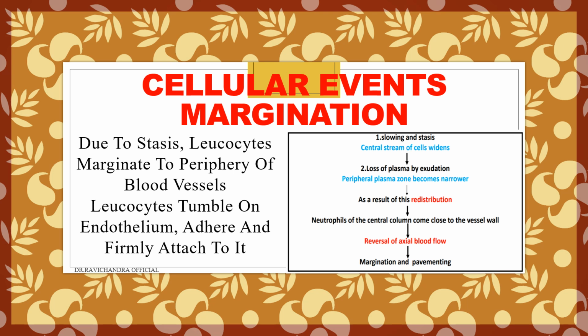With slowing and stasis, the central stream of cells widens, and with loss of plasma by exudation, the peripheral plasma zone becomes narrower. As a result of this redistribution, neutrophils in the center column come close to the vessel wall, and there will be reversal of the axial blood flow, thereby margination and pavementing.